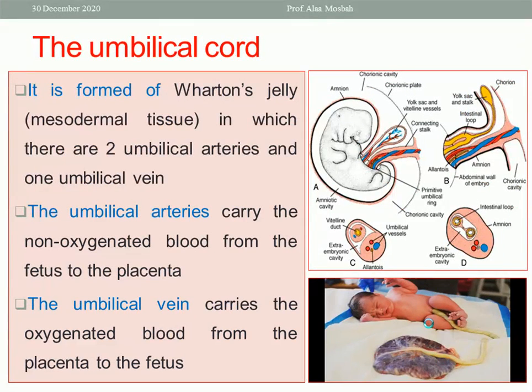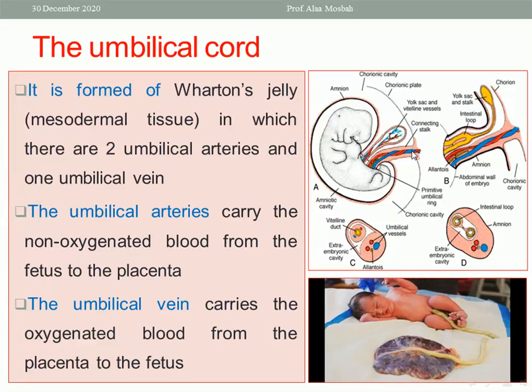So, what is the content of the umbilical cord? It is formed of Wharton jelly, which is of mesodermal tissue origin, in which there are 2 umbilical arteries and 1 umbilical vein. As you see here, 2 umbilical arteries and 1 umbilical vein.